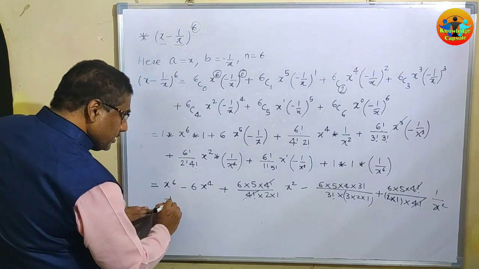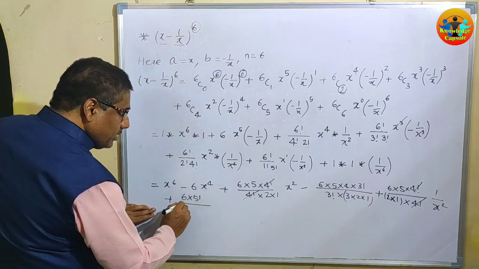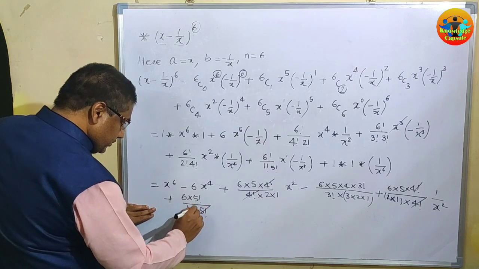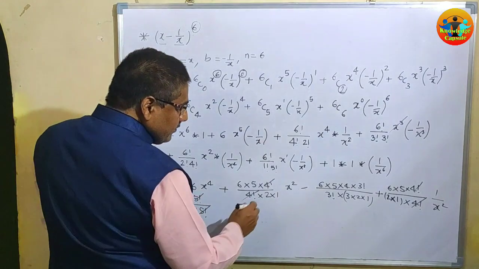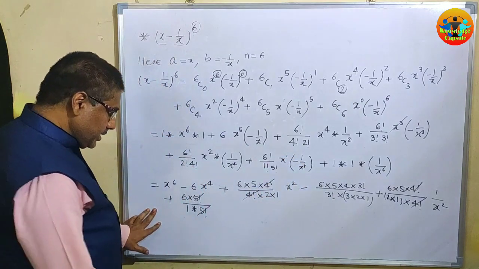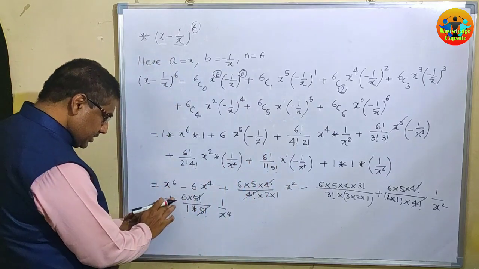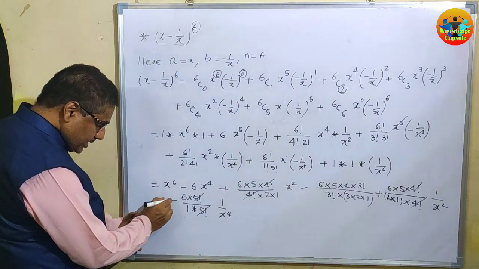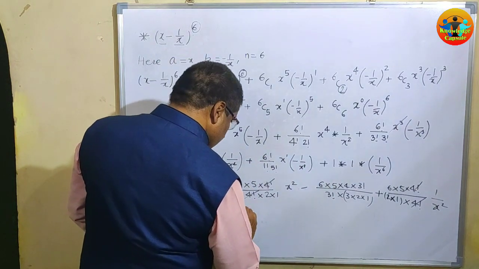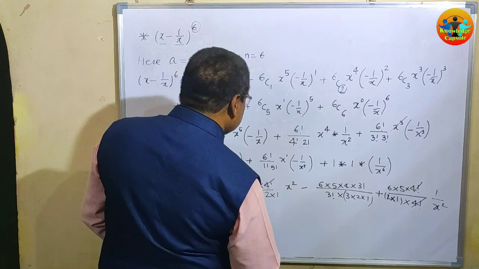Next term is factorial 6 can be written as 6 into factorial 5 upon 1 factorial is 1. 5 factorial will get cancelled. X raised to 1 upon x raised to 5 will be 1 by x raised to 4. As this is a negative term, we have to take the minus sign here, and the last term will be positive, plus 1 by x raised to 6.